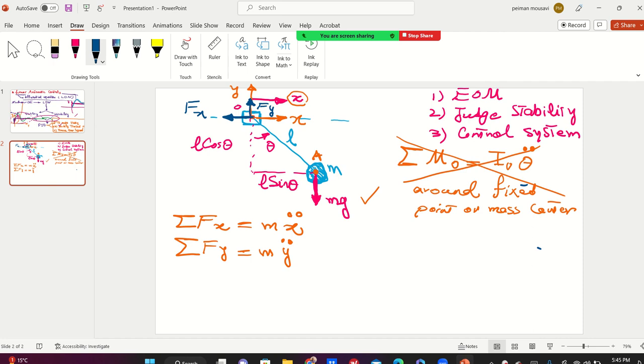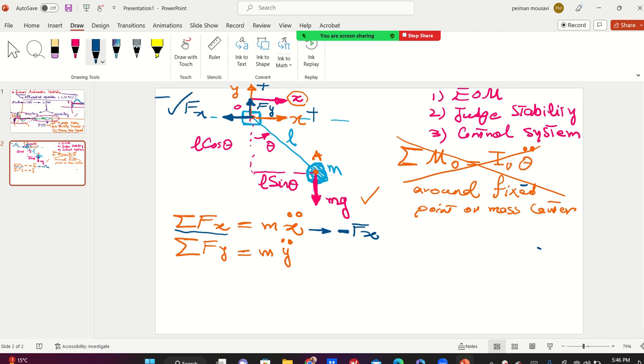Okay, this is dynamics. So from here, which forces are in the x direction? Look at the picture and let me know. Only Fx. Minus or plus? Here is positive, here is negative. Coordinate system x, y: this is positive x, this is negative x.